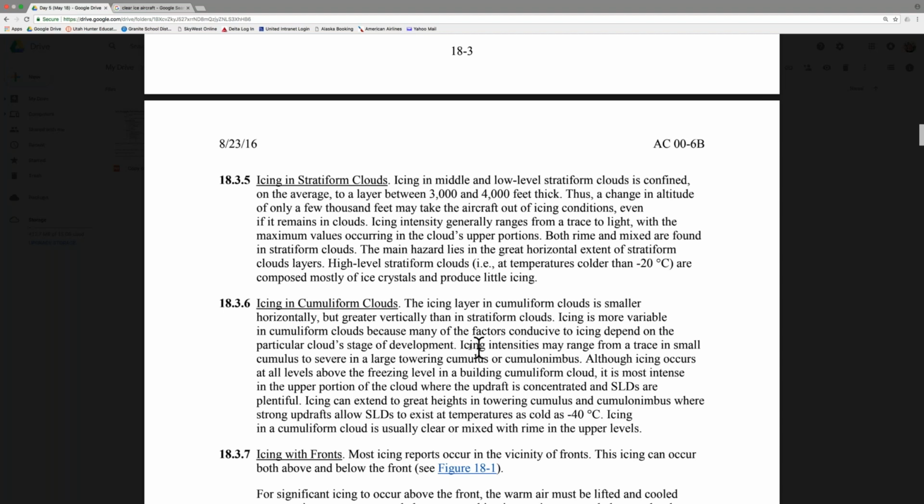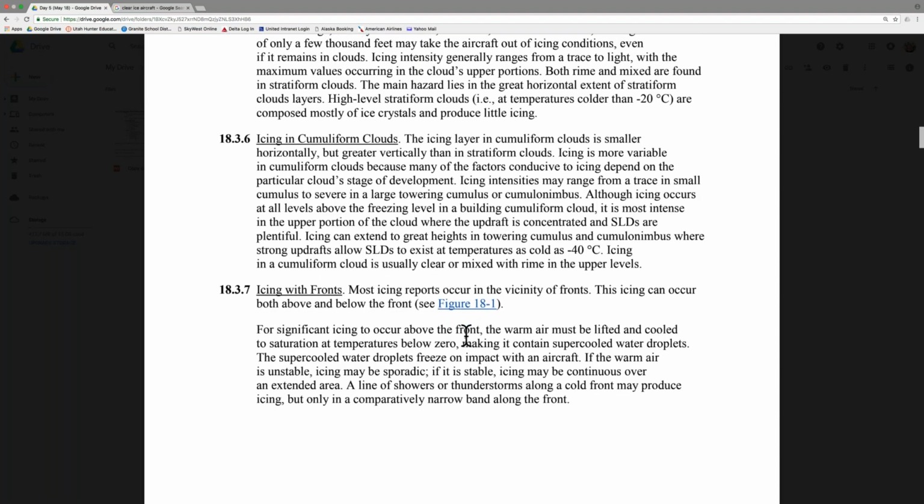Get above the cloud or below the cloud, right? And that's for stratiform clouds. If it's cumuliform, typically the clouds are taller than they are wide, so we will change our course to get out of the cloud, right?